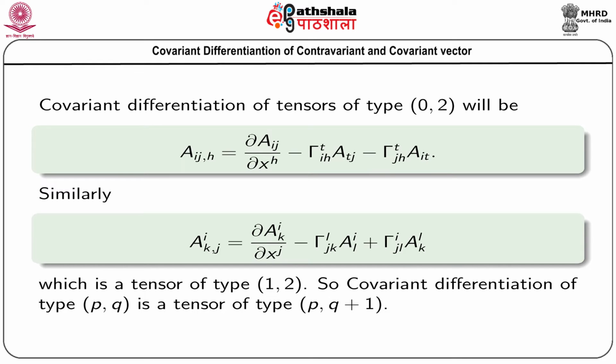So, when we perform covariant differentiation, the rank of covariant tensors increases by 1. So, if a tensor of type p q is covariantly differentiated, then it will be a tensor of type p q plus 1.